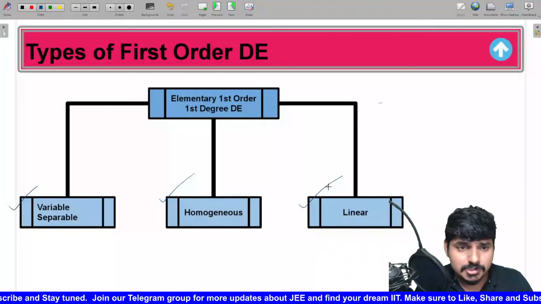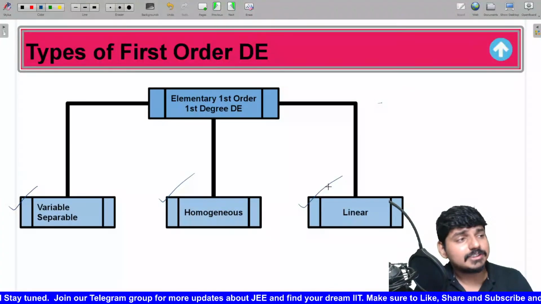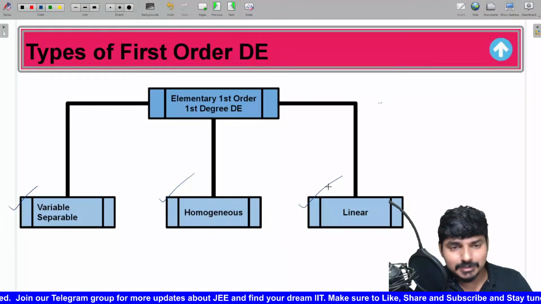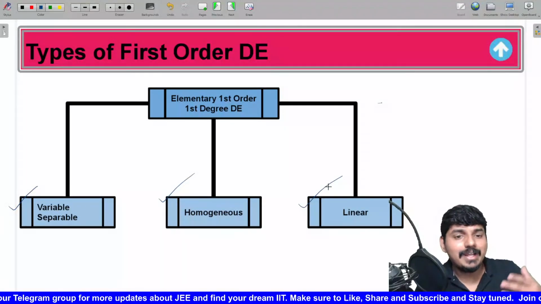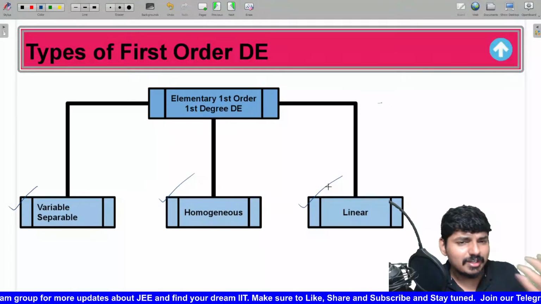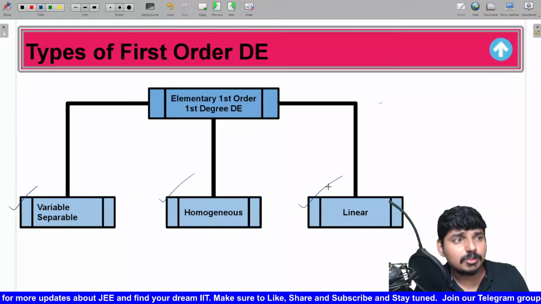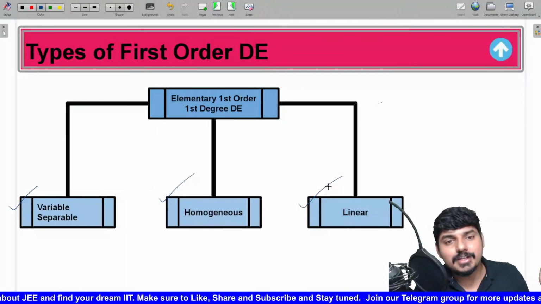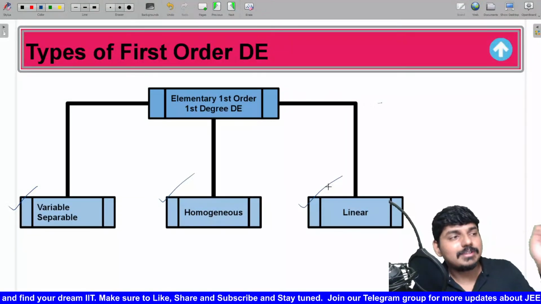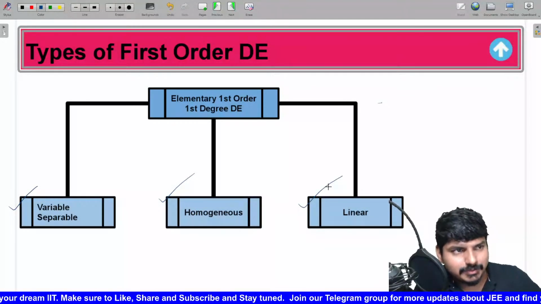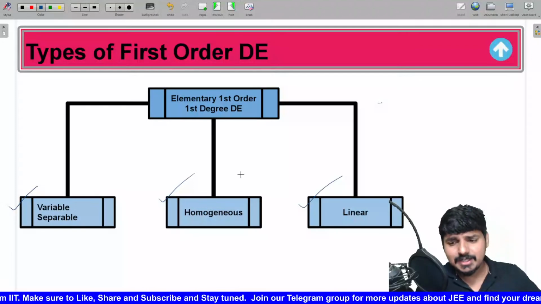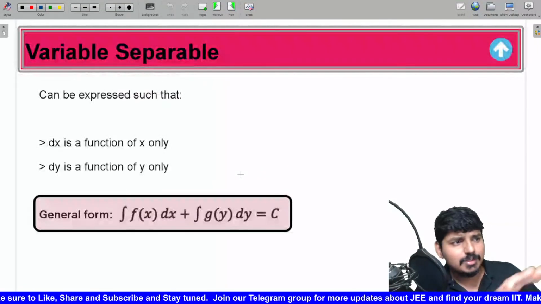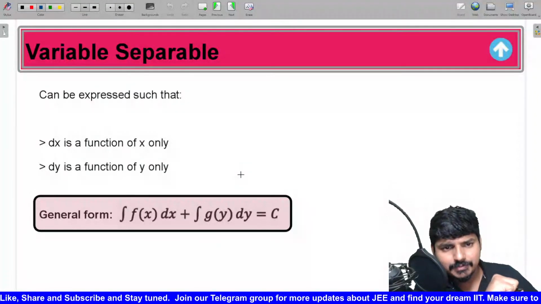We'll do the questions also, so no need to worry. In the next session, we are going to discuss the homogeneous and linear differential equation methods. So let us begin with the variable separable method. To understand it, you can see this particular slide, everyone.